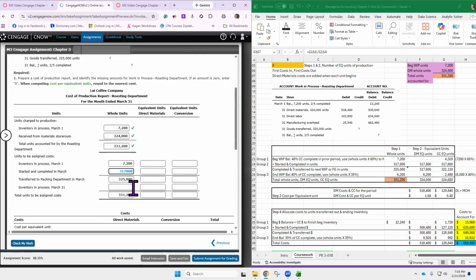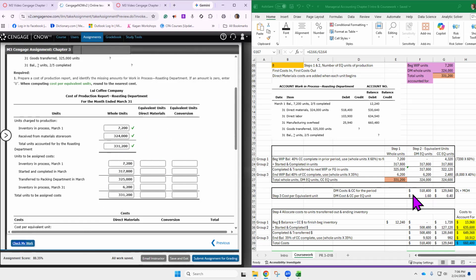Okay. And then the ending inventory, these two numbers should add up to that. You get the ending inventory by the total units minus the transferred out, and there on my spreadsheet is 6,200. Okay, so that should be good.